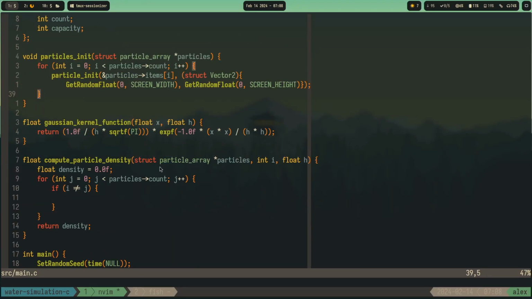Let's say here we also need float particle mass. We need to pass in some stuff.